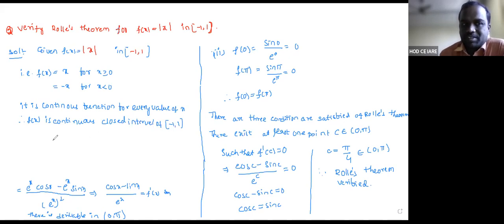Okay, so next, derivable. Is f of x derivable? Writing f dash of x, we are getting f dash of x is 1.